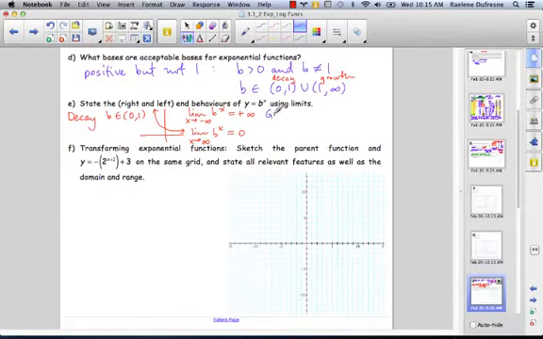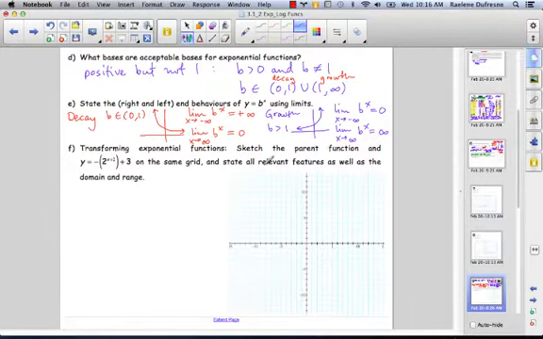If we are looking at the growth case, then we are considering base values that are greater than 1, and the picture looks like this. And we would say that the end behaviors are the limit as x approaches negative infinity on this graph of b to the x would equal 0 on the left end, and on the right end, the limit as x approaches positive infinity on the graph of b to the x equals positive infinity. Again, we have horizontal reflections if we have reciprocal bases because we have a negative in the exponent to get horizontal reflection.